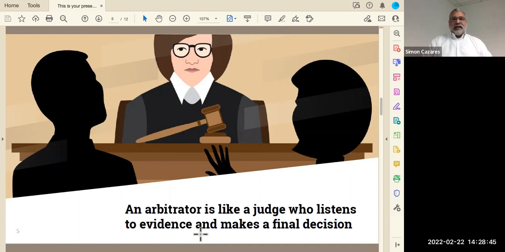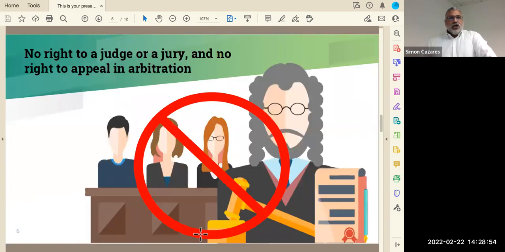Okay, that's what an arbitration is. It's like a judge who listens to the evidence and makes a final decision. No right to a judge or a jury, and no right to appealing in an arbitration. So the awesome part is that whatever the arbitrator, who is listening to the case, makes a determination in who is the winning party, there is no jury involved.